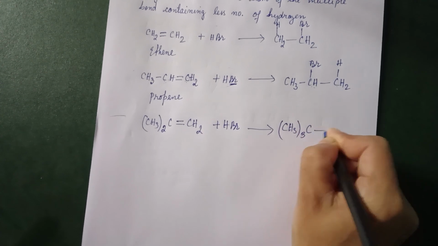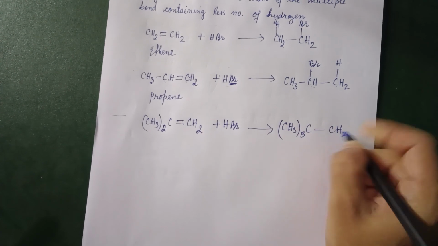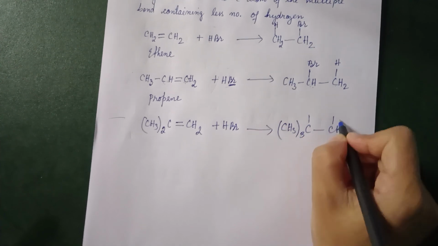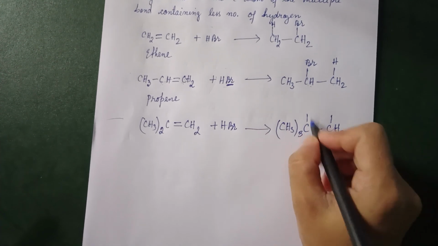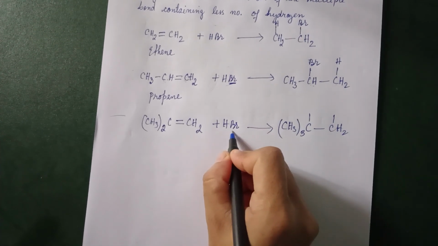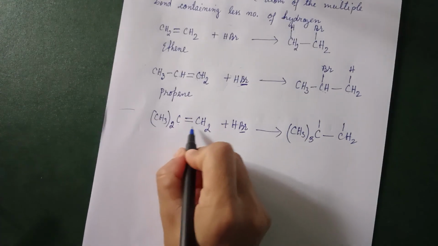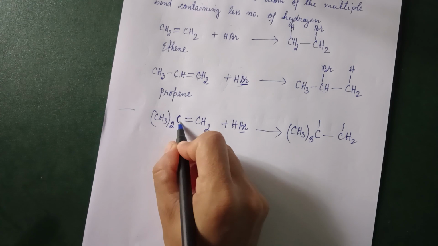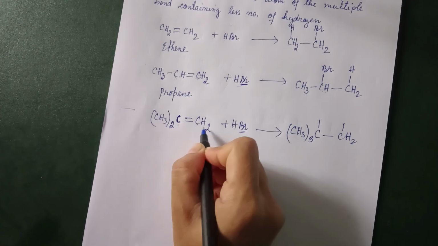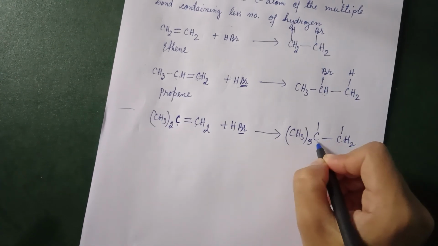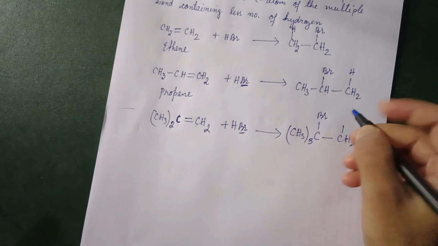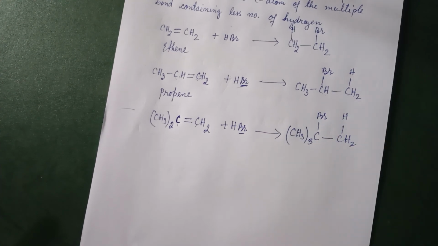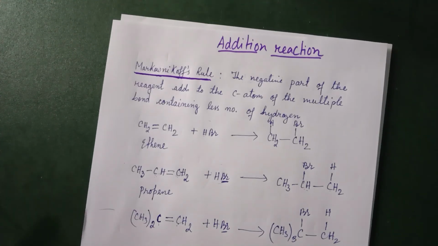The multiple bond changes into a single bond, CH2, and this will split into bonds in this way. The negative part will go to the carbon atom of the double bond which contains less hydrogen. See, this carbon does not contain any hydrogen, and this carbon contains 2 hydrogens. So in this carbon the Br will go, and H on the other. So this is according to Markownikoff's rule.